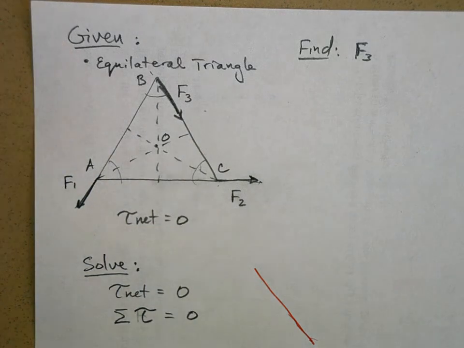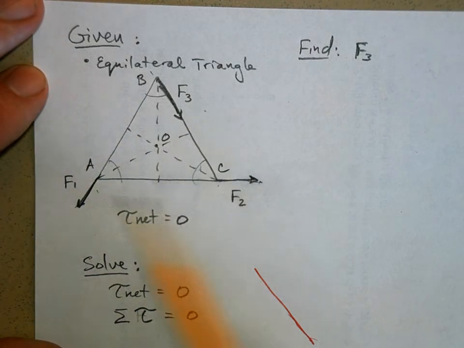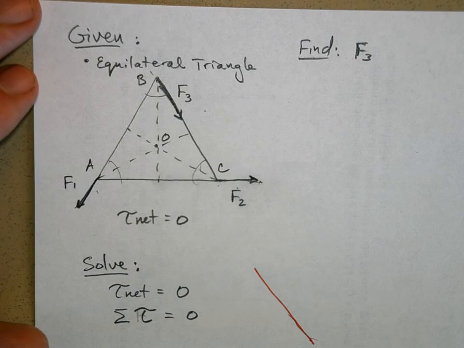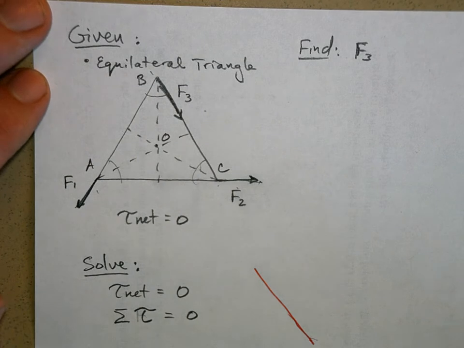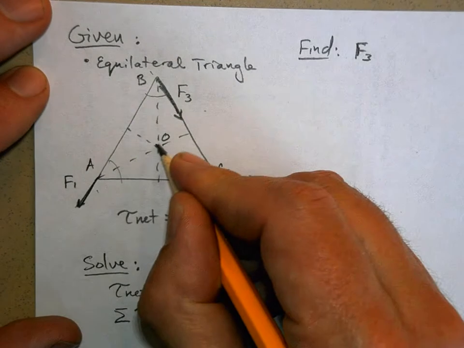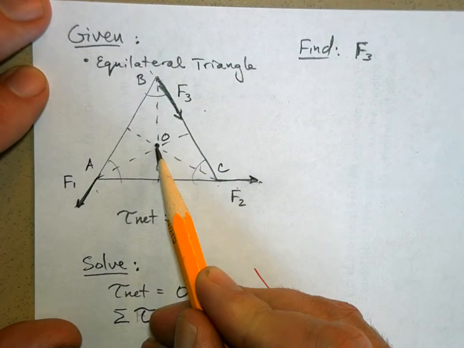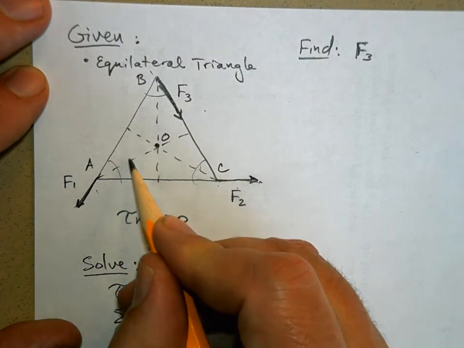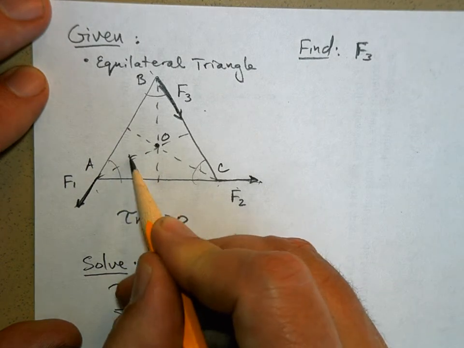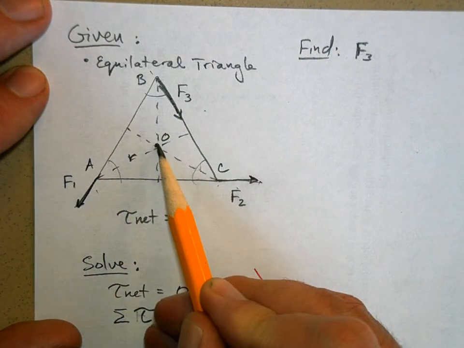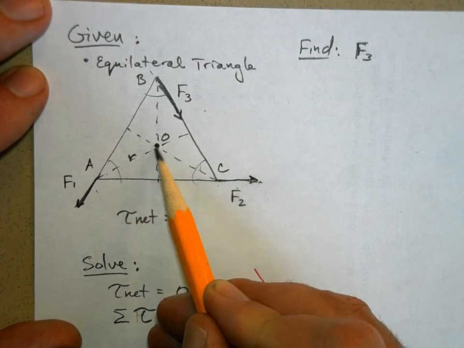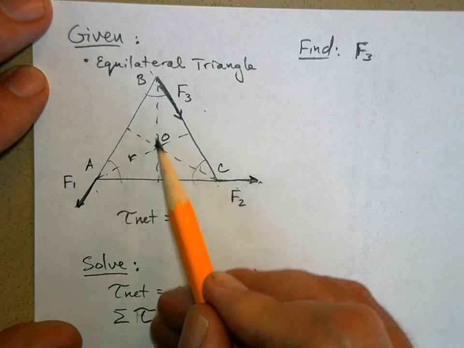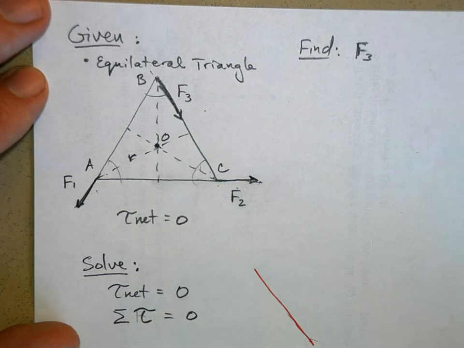That just means add up the torque from these forces and you'll get it. I'm just going to call the distance from the center out to where the force is, arbitrarily, R. Because it's an equilateral triangle, R has the same magnitude for all three of the vectors.